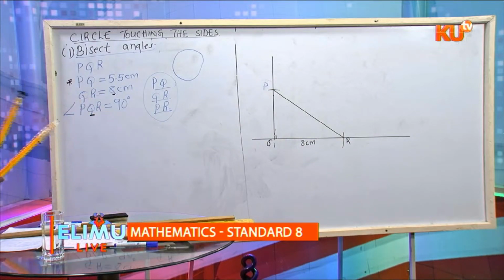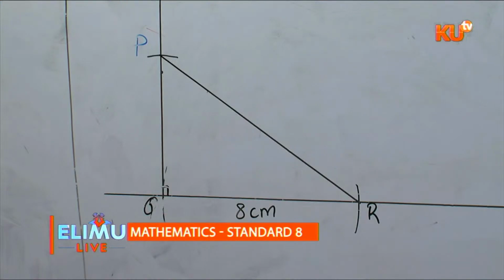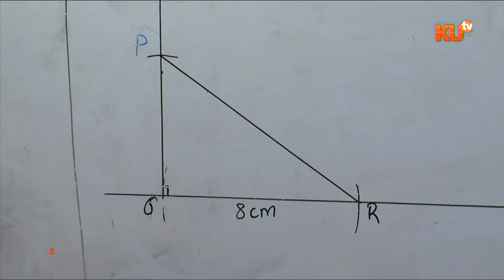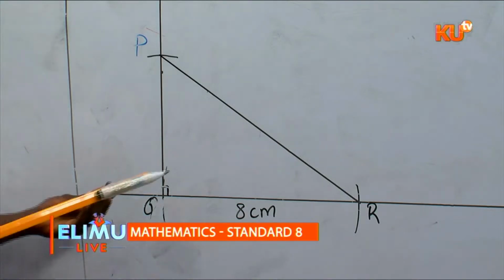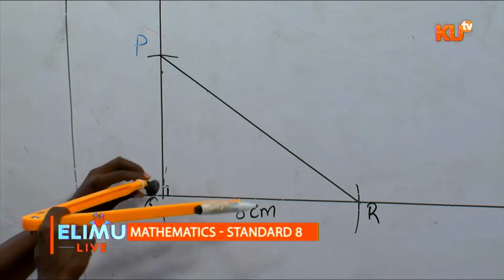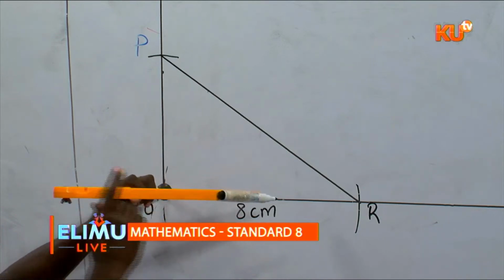Let us go to construction of the circle touching the sides. Very easy. Start here. Less than a half.